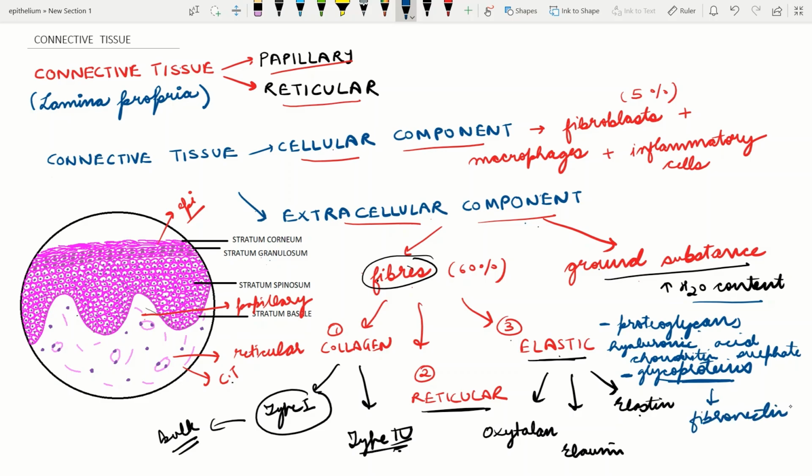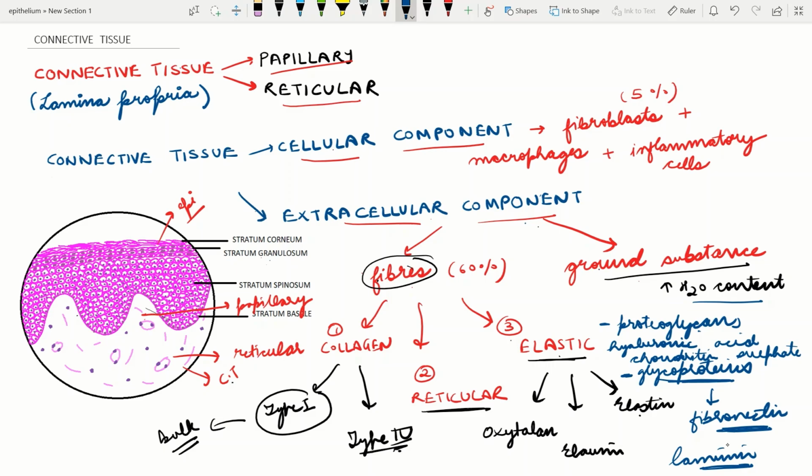What is the function of fibronectin? It mediates the process of adhesion and migration and binds the fibroblasts to the fibers. The other protein that you will see here is laminin. As you already know, laminin is found in the basal lamina and it attaches the connective tissue to the epithelial cells.